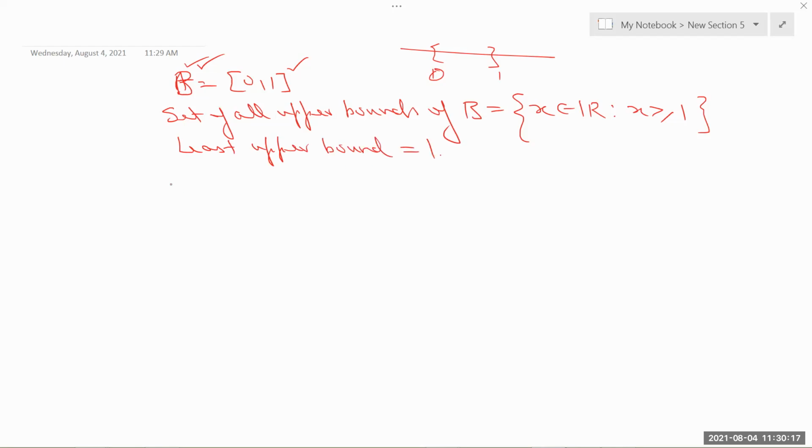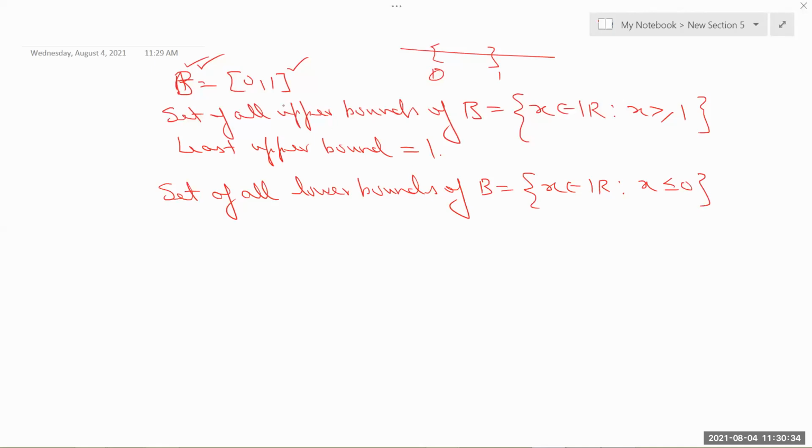And similarly, the set of all lower bounds of this set: what will you write? x belonging to R such that x is less than or equal to 0. Very good.